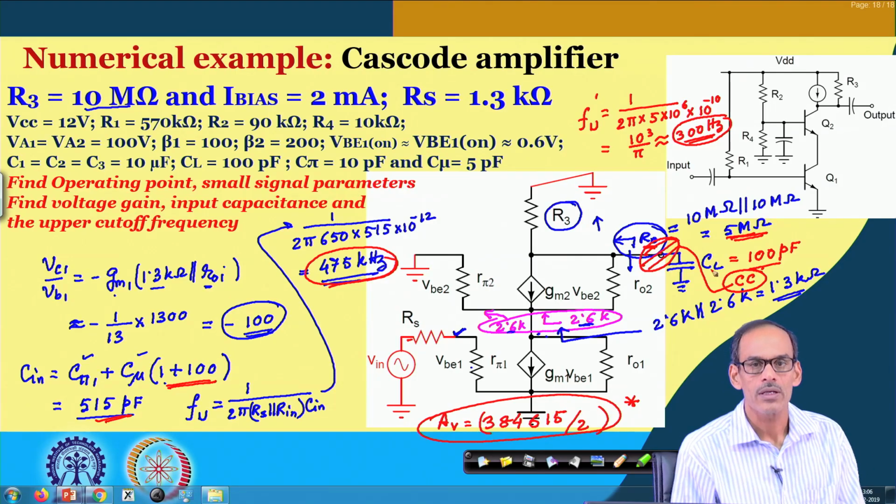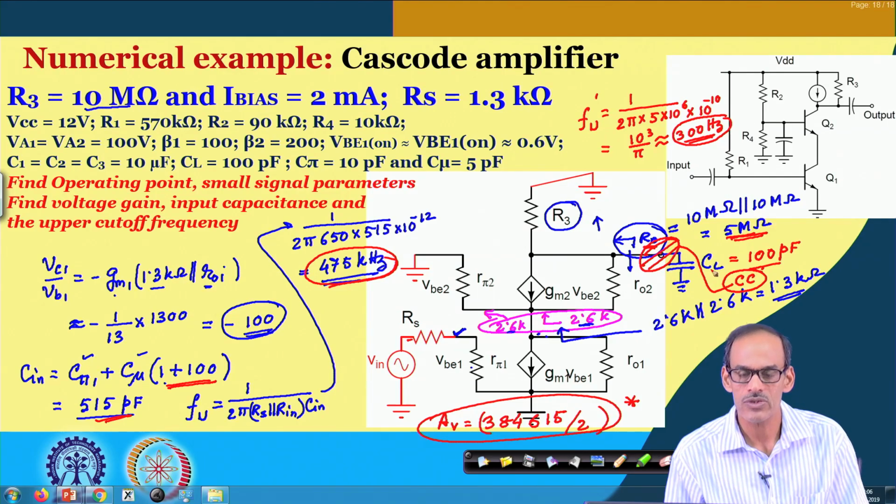So, I should say the cascode amplifier alone is not the solution.